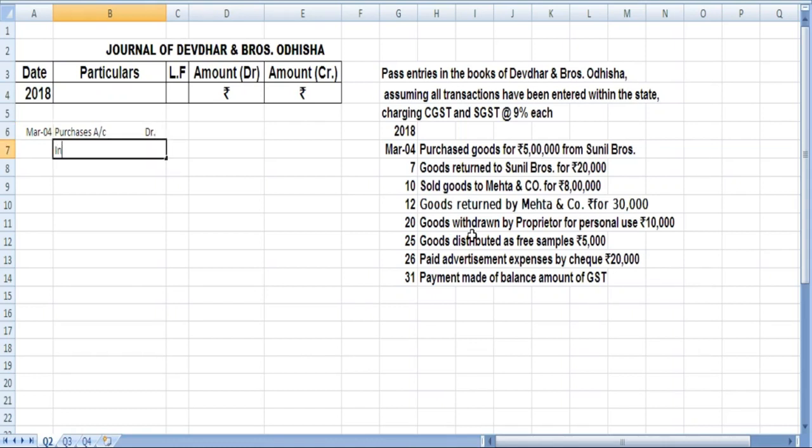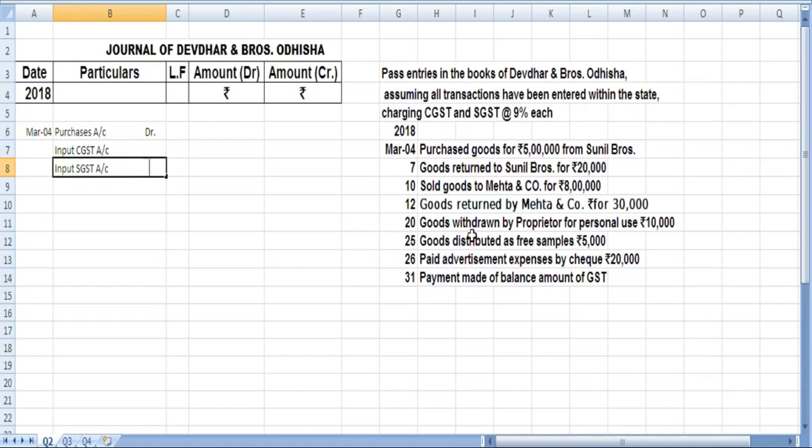Now whenever there is an expense or purchase, we will have input CGST, that will be 9%, and input SGST, both will be debited.